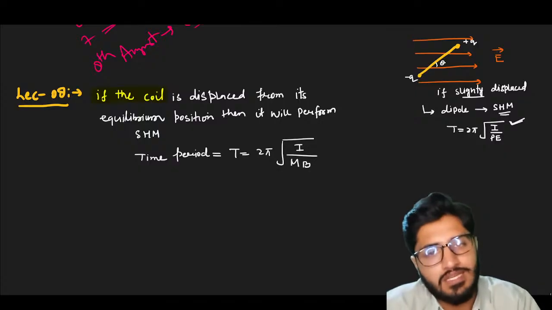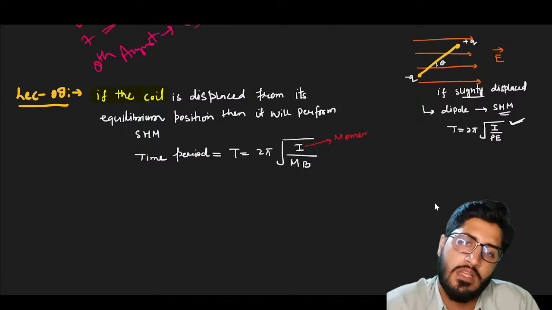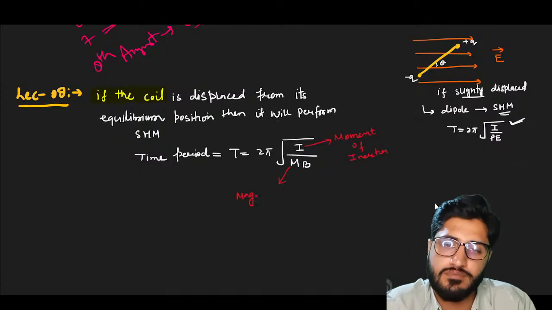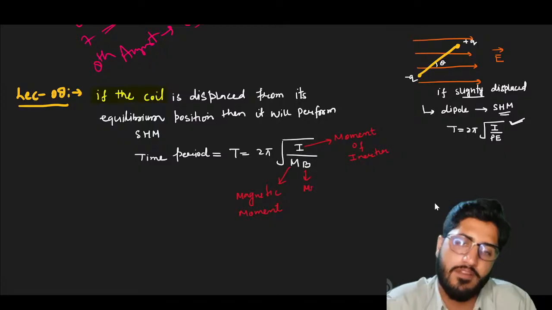So what is I? I is the moment of inertia. M is the magnetic moment. B is the magnetic field.